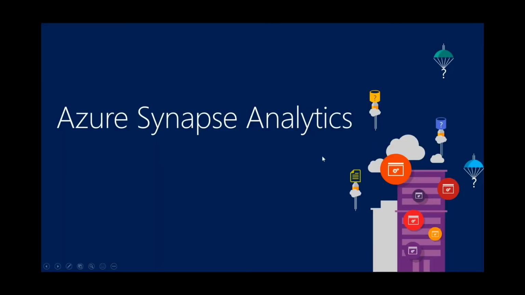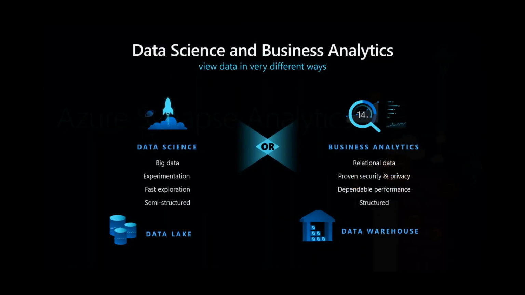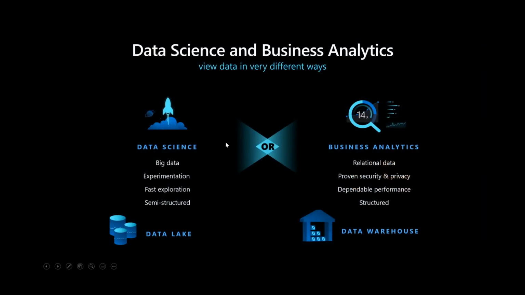So with this, we come down to the analytics side, and we come back to Azure Synapse Analytics again. So we talked about data warehouse and data lakes. What this did is, because the tools were so different, the skill sets required were so different for working with data warehouses and working with unstructured data or data sitting in a data lake, that we created two kinds of personas in every organization.